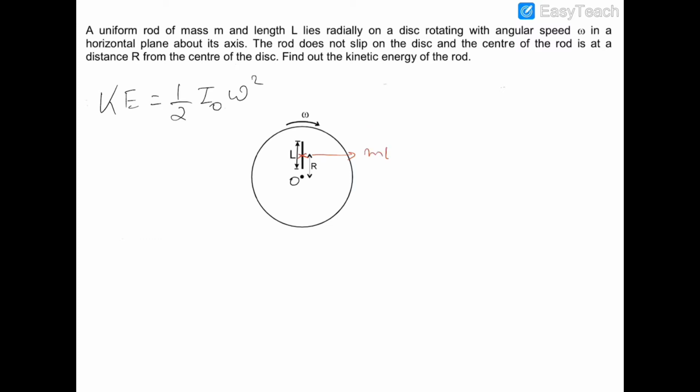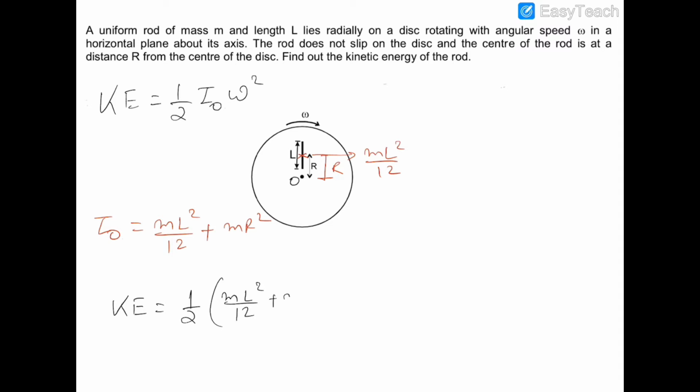So this is mL square by 12, and the distance of center from this is r. So the moment of inertia IO would be mL square by 12 plus mr square. So the kinetic energy of the rod would be half mL square by 12 plus mr square into omega square. So this is the kinetic energy of the rod.